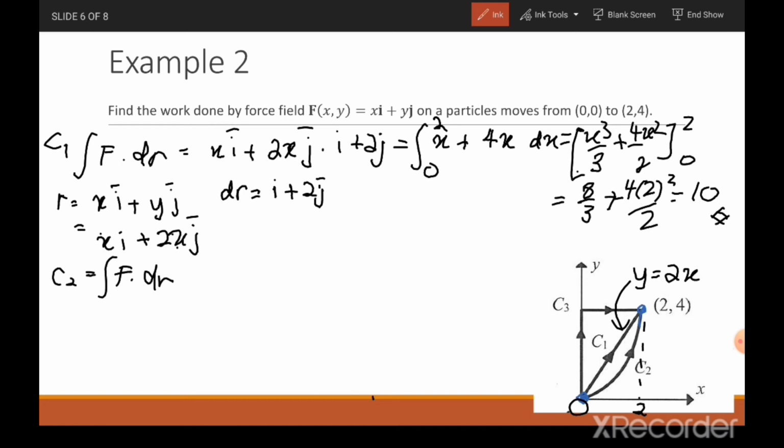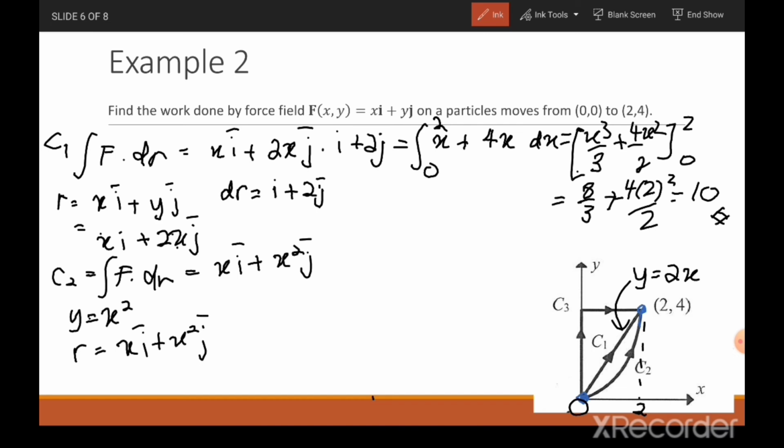The equation for C2 is y equal to 2x, sorry, y equal to x power of 2. Then we repeat again, a similar calculation, almost similar, just that y is equal to x power of 2.